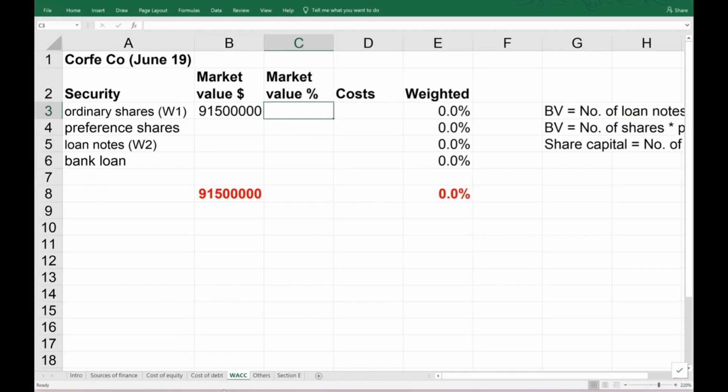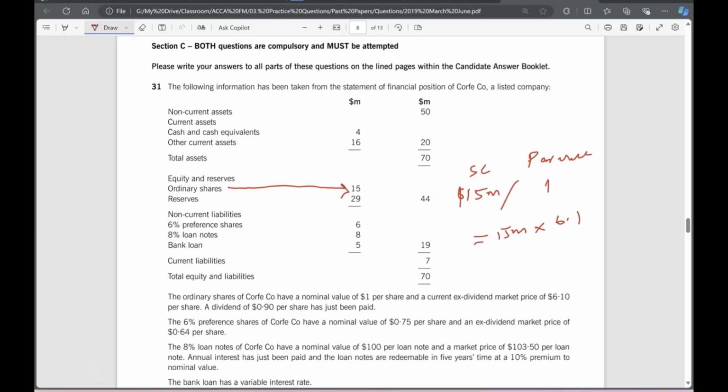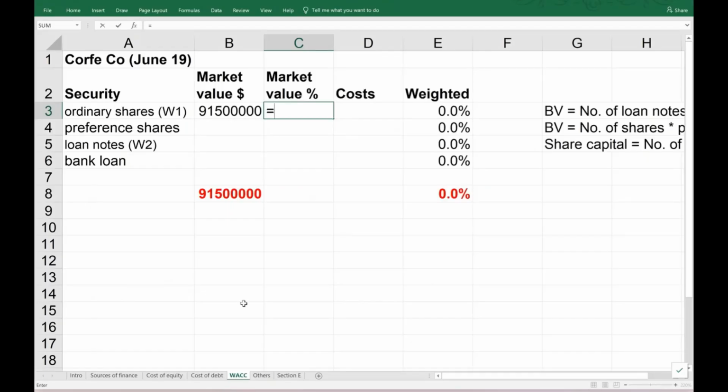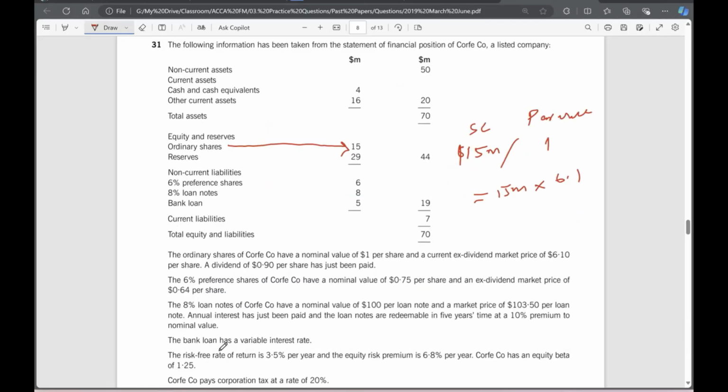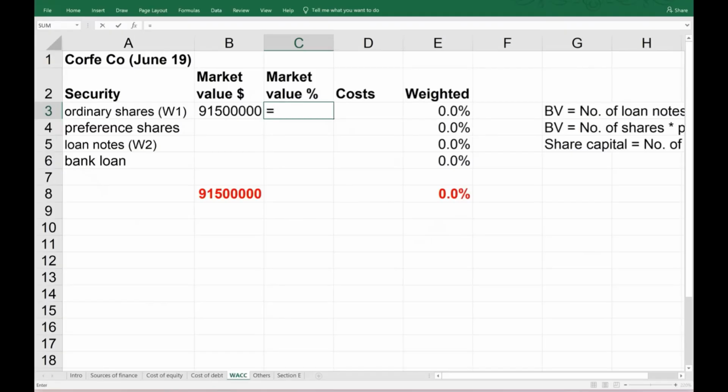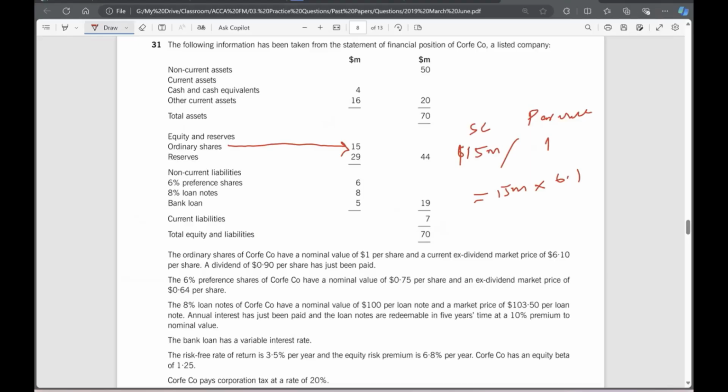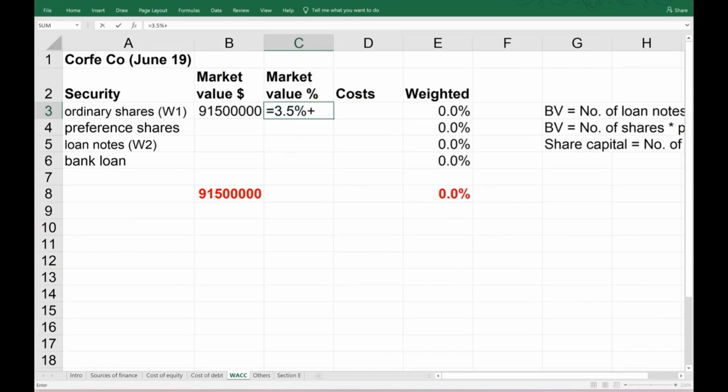And then the cost of equity, we will use CAPM, which is RF, 3.5 percent, plus beta 1.25 into RM minus RF.